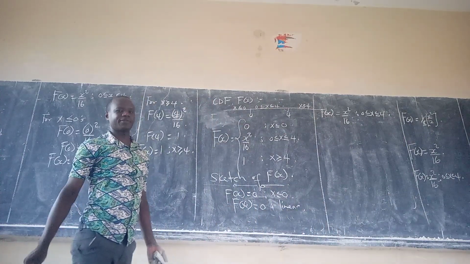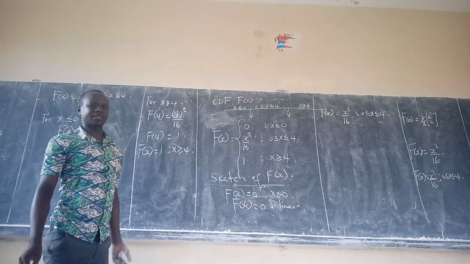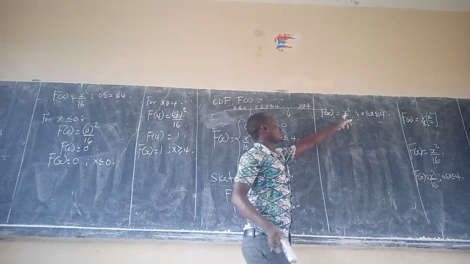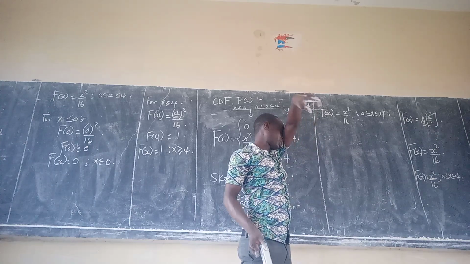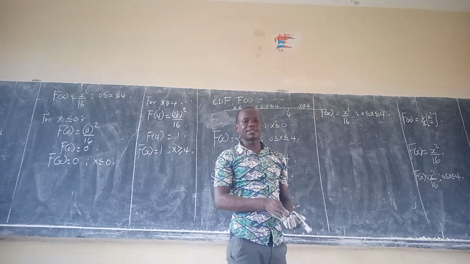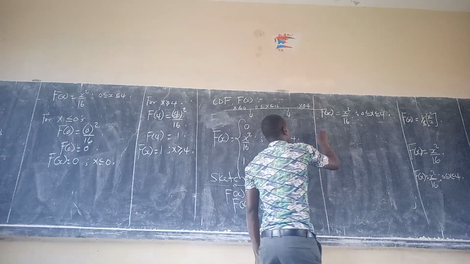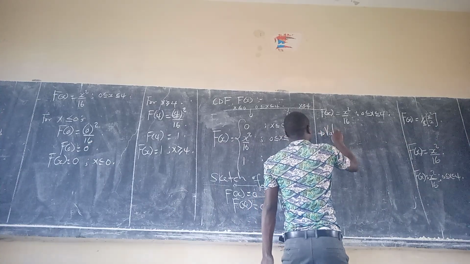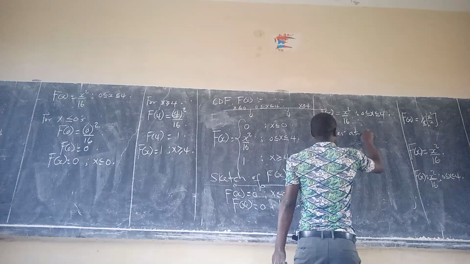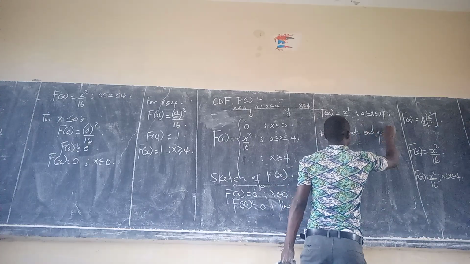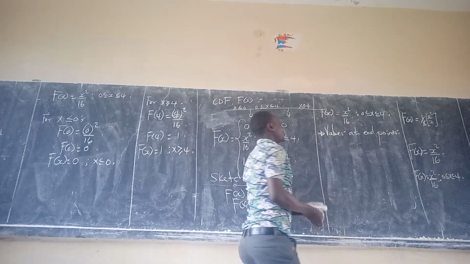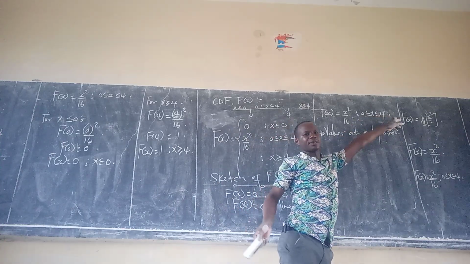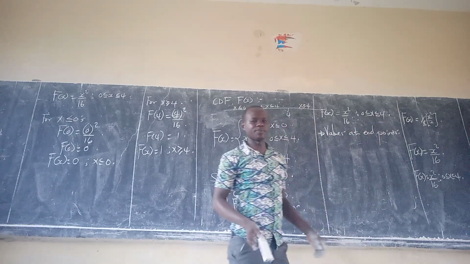Now you ask yourself, is my capital F of x linear or non-linear? It is non-linear because it has a square on x, and since it is non-linear, we need the values at any points. Why find the values at any points? Because it has a starting point and some other extreme coordinate.